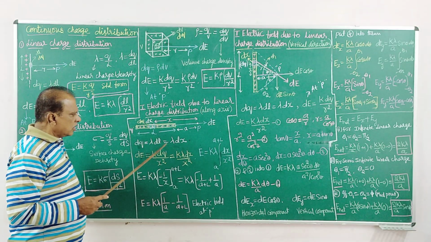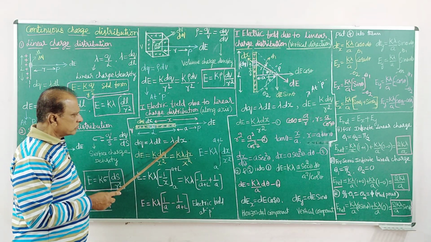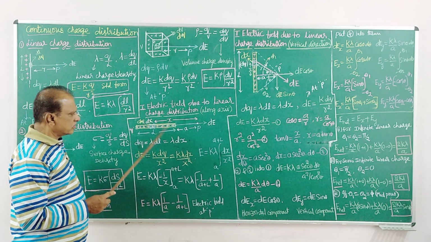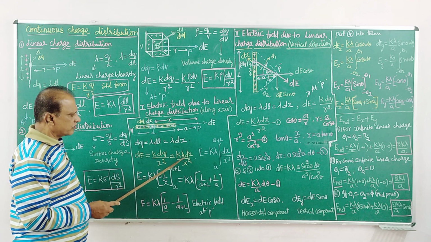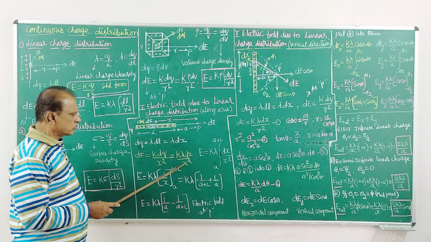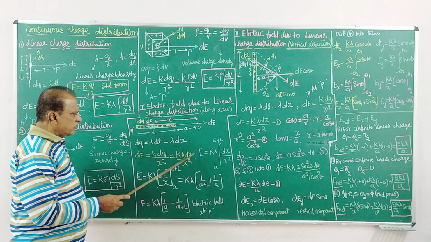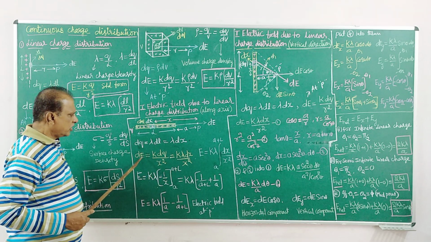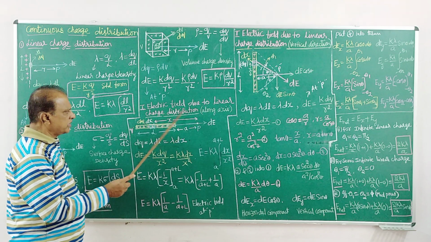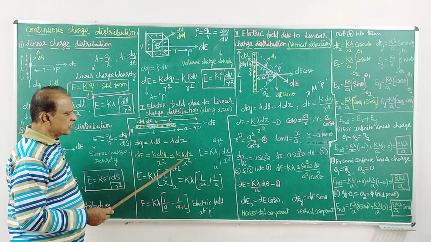That is dl or dx. I have taken the length as x here, therefore replace dl by dx, over x square. This is the differential form of the electric field at this point by an infinitesimal value, differential calculus.